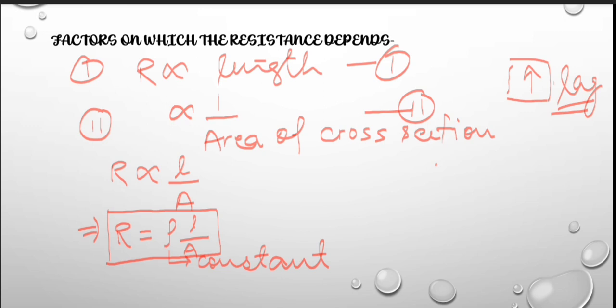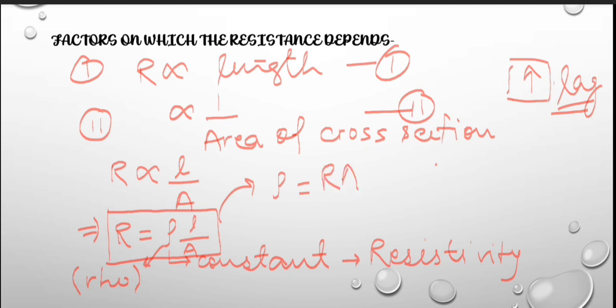Now, this constant here is known as resistivity. And how will we find the unit of this resistivity? From this formula, students, we can write rho, pronounced as rho, is equal to R multiplied by A divided by L. We know the unit of resistance is ohm, and the unit of area is meter square divided by meter.